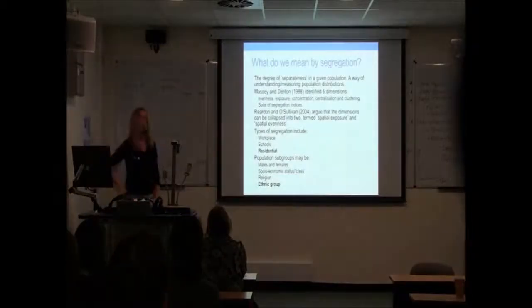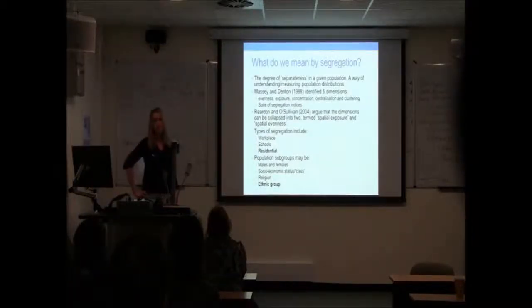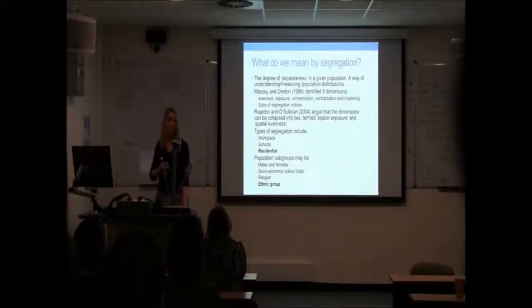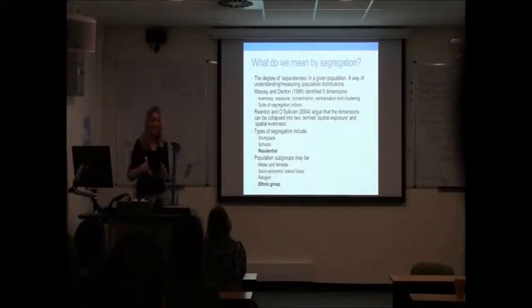Okay, so what do we mean by segregation then? To some extent we could call it the degree of separateness of a given population. It's a way of understanding or measuring a population distribution. The most commonly cited paper in measures of segregation, and one that you will never avoid if you start to become interested in these measures, is by Massey and Denton in 1988.